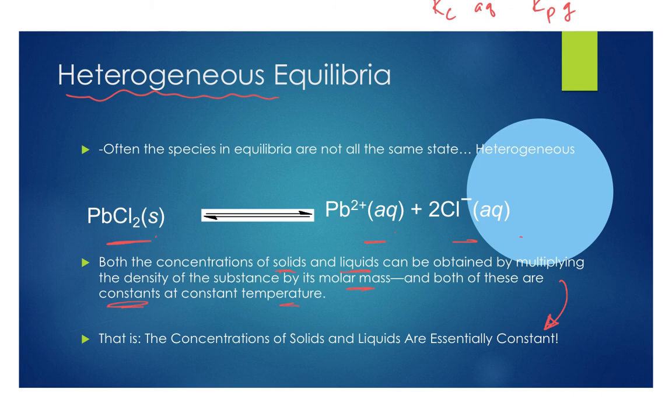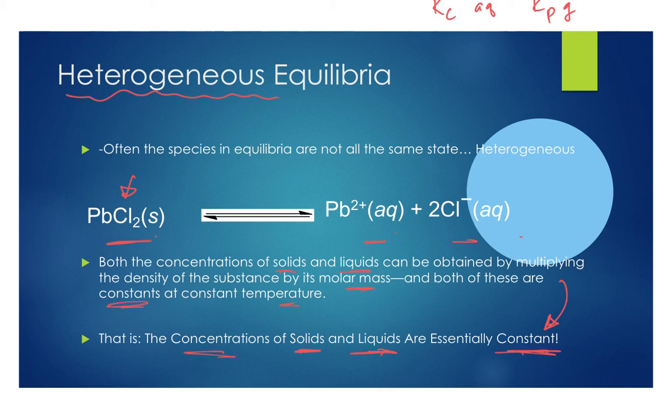You can think about it this way: if I have a chunk of lead chloride sitting in the bottom of a beaker, and I ask you what the concentration of it is, you would go, what? That doesn't make any sense. The concentration of the solid portion is constant, right? It doesn't change because it's not being dissolved in anything. The particles aren't moving apart or into the air or anything like that. So basically, for solids and liquids, the concentrations are essentially constant.